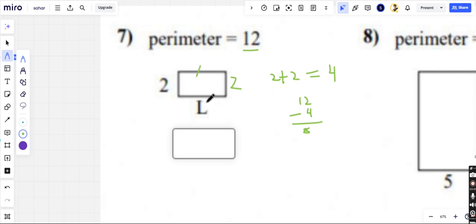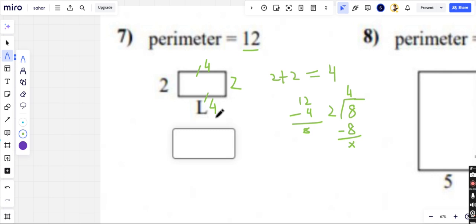Now 8 is also for top and bottom, so we divide 8 by 2. 2 times how much gives 8? 2 times 4. Good. So it means that each side contains 4.